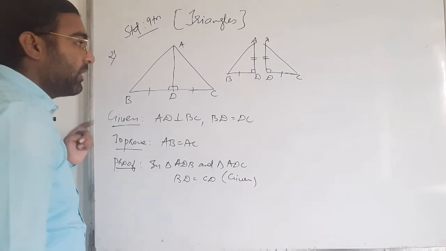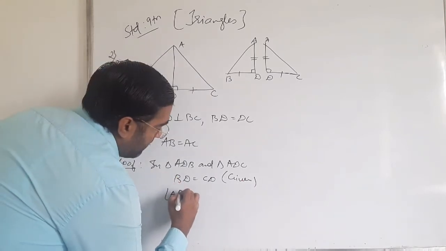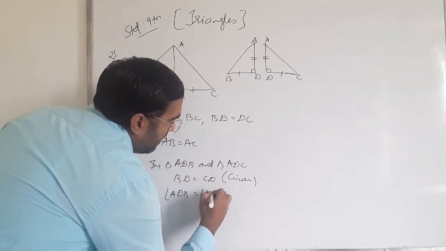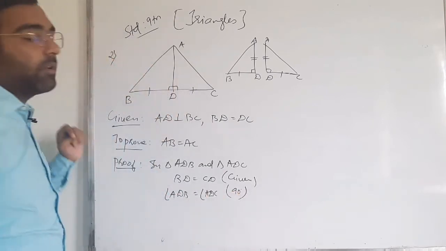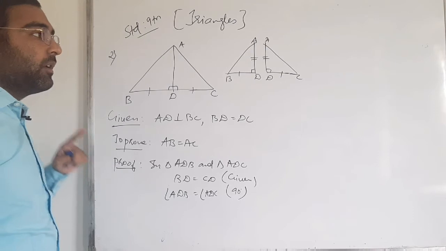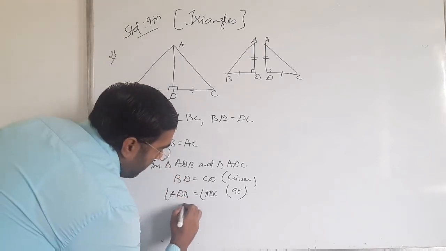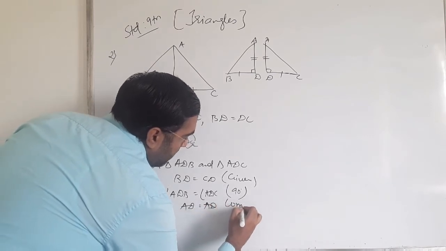Second thing, angle ADB is equal to angle ADC, both of them are 90 degrees. And third one, AD is common in both of them.